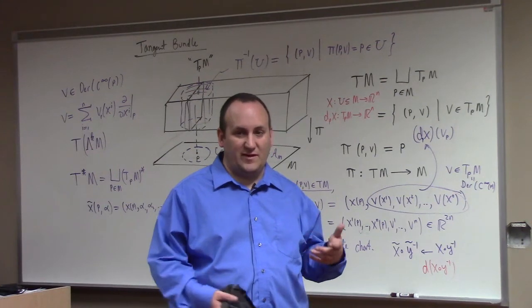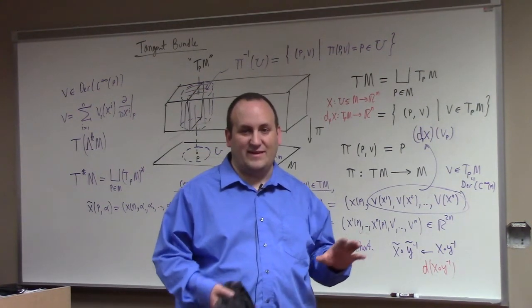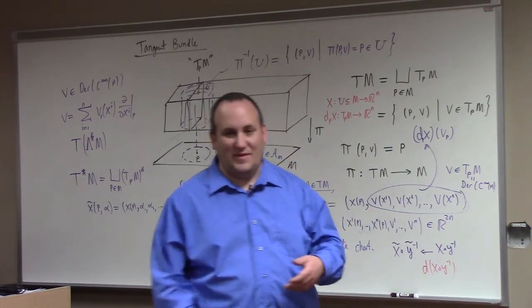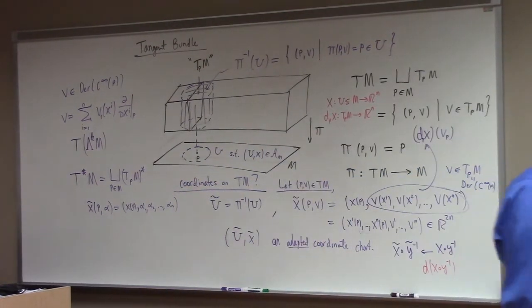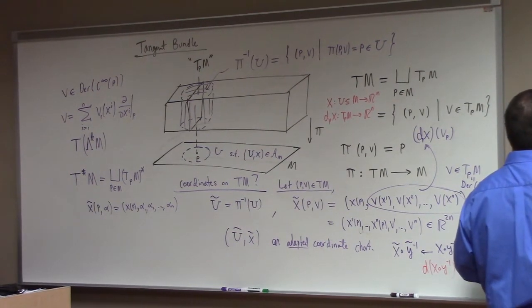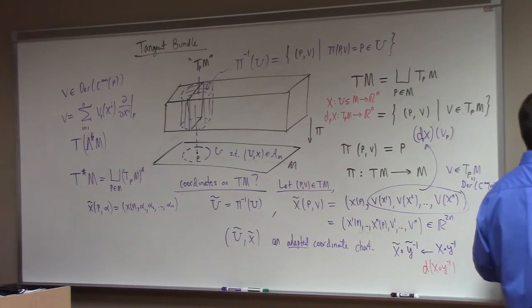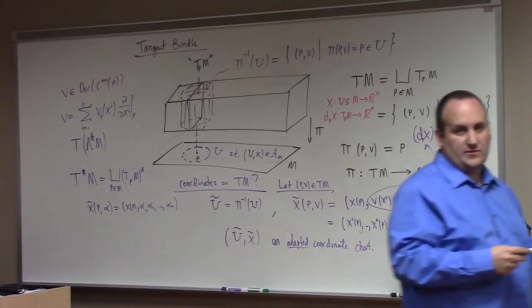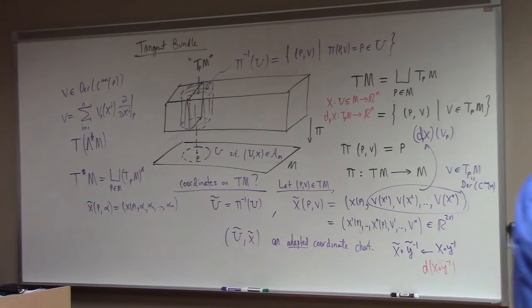I'll work with them at a point, but I never actually gave a name for the set of all vector fields. Maybe I did. Actually, I can't resist, sometimes I'll call it this, which you could say is sections of the tangent bundle. This is a kind of typical notation.